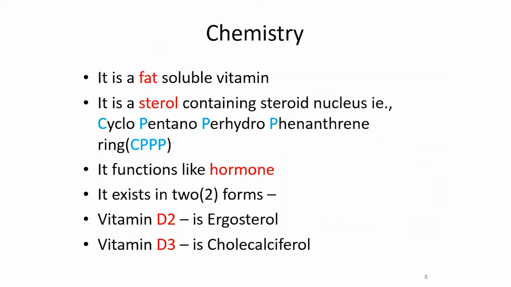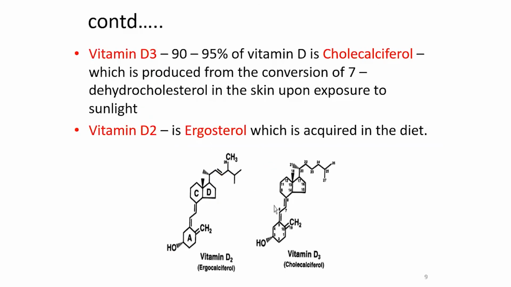It exists in two forms: vitamin D2, ergosterol, coming from the plant kingdom, and vitamin D3, cholecalciferol, which is synthesized in us when the skin is exposed to sunlight. Of the vitamin D existing, 90 to 95% is vitamin D3, cholecalciferol.